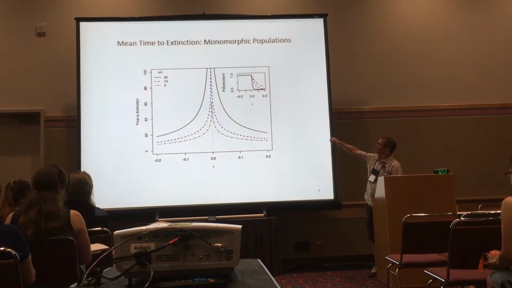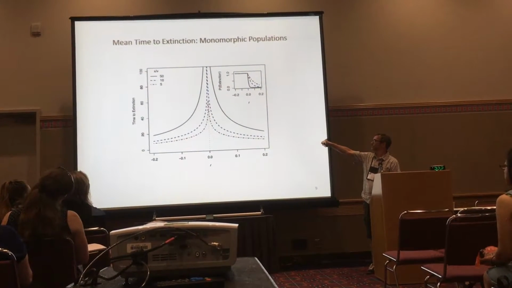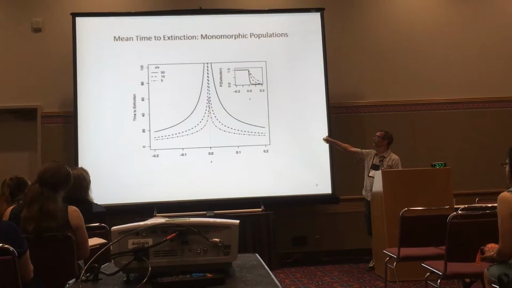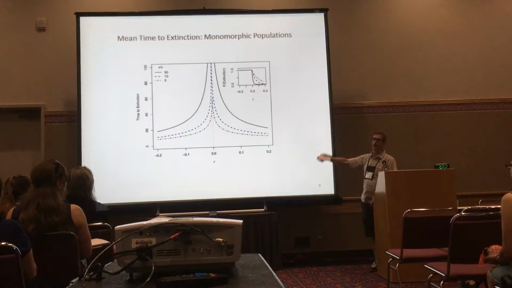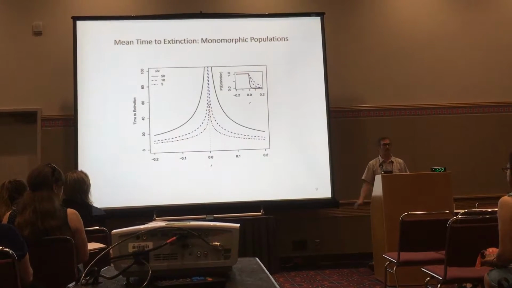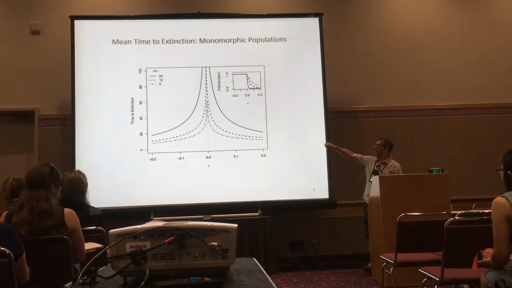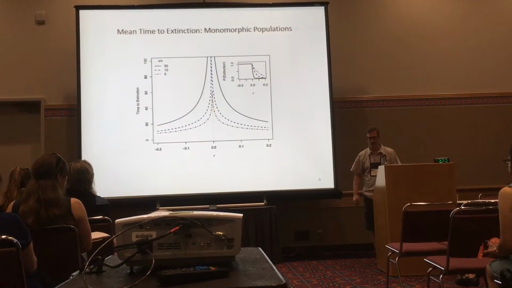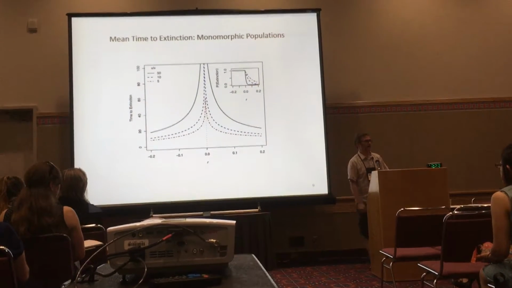This inset shows the probability of extinction as a function of the same range of r's, and you can see that as r gets positive, there is a non-zero probability of persisting forever. But those realizations that go extinct have a mean time to extinction that's given by a mirror image of populations with negative growth rate.